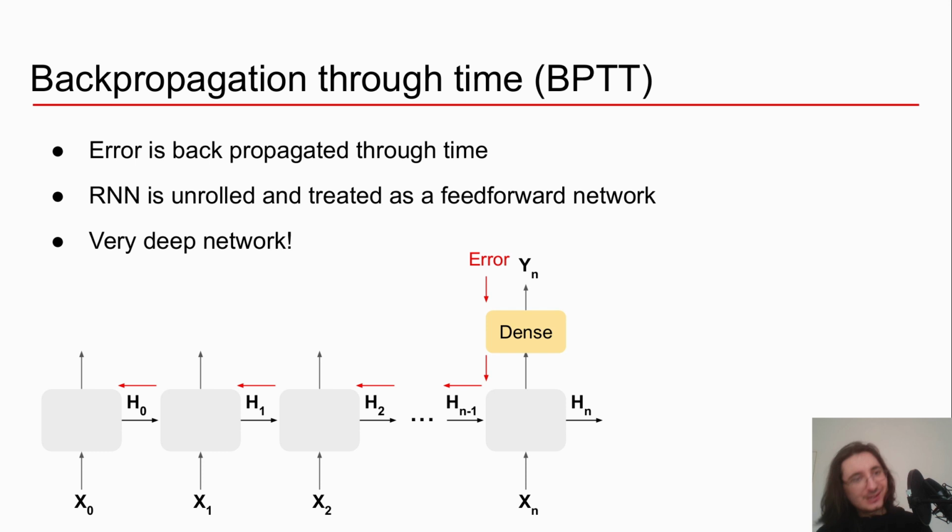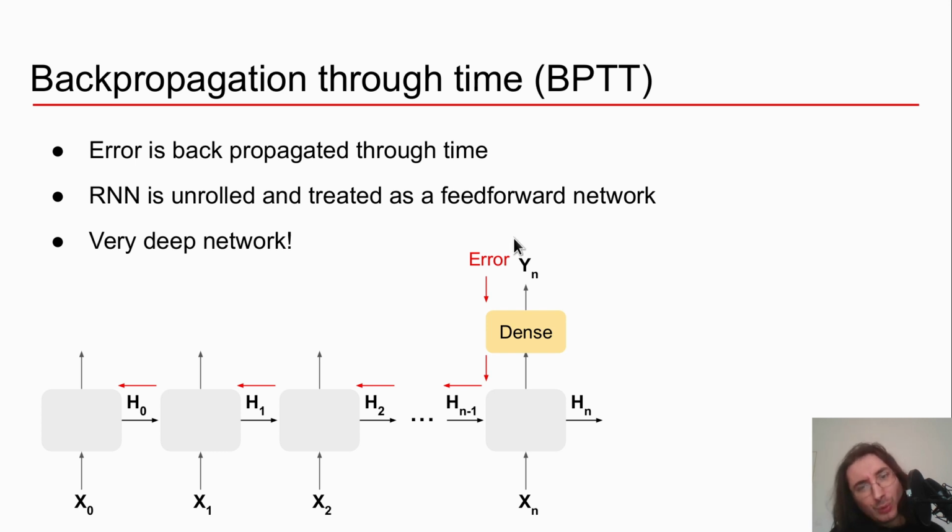Now, I guess you start seeing the problem here. Say, for example, we have an input with a sequence of 100 time steps. That means that when we unroll the RNN, we have 100 layers. This is a very deep network, and we know that when we have a very deep network, we have the issue of vanishing gradients.